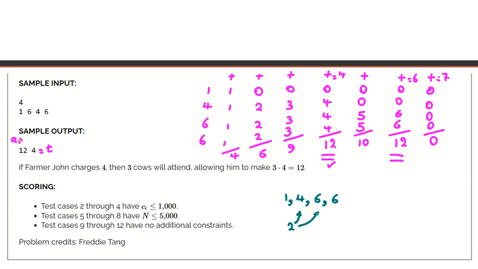Because when you say 2, these cows will attend, so the minimum of them is 4. If you say 4 also, these cows again will attend. So our answer is one of the cis, okay? And here, for example, it was these 4. So we need to only check these n numbers, but we should sort first.